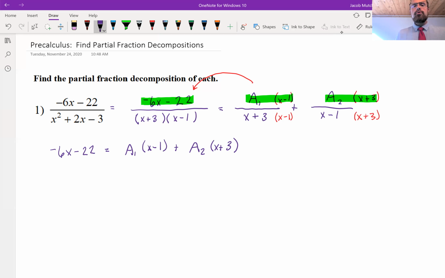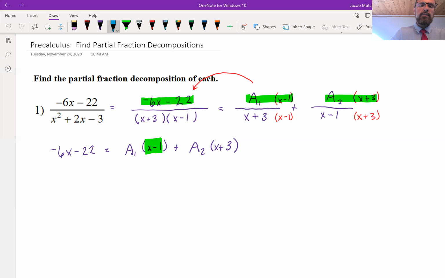Now, I need to choose some specific x values, and the way I'm going to choose them is based on these factors. As I look at this first one, x minus 1, I'm going to choose an x value that will cause that to reduce to 0. And my goal there is to let a sub 1 zero out so that I can solve for a sub 2.